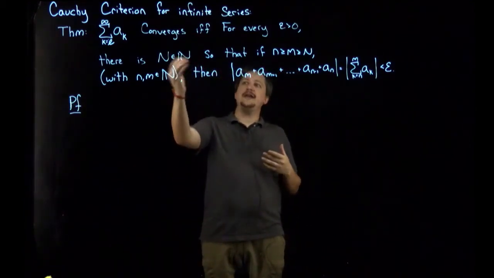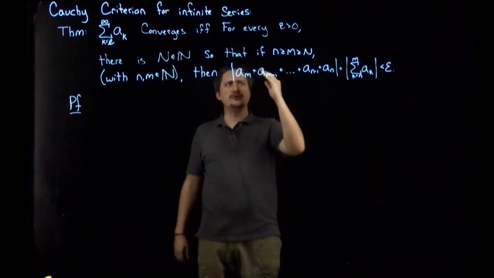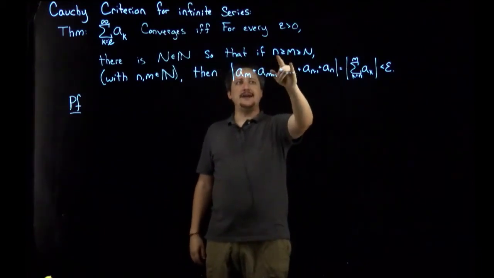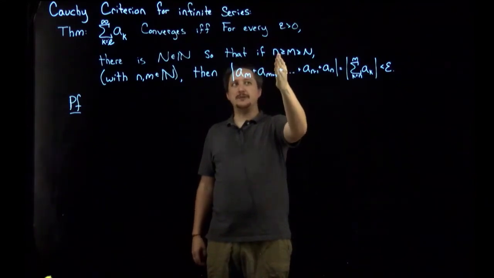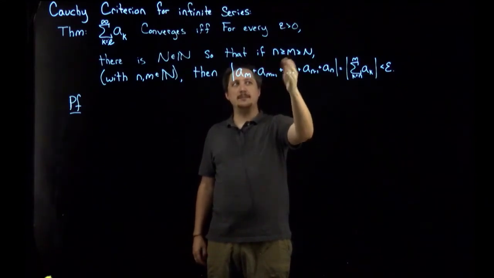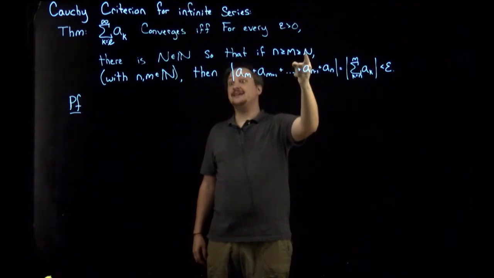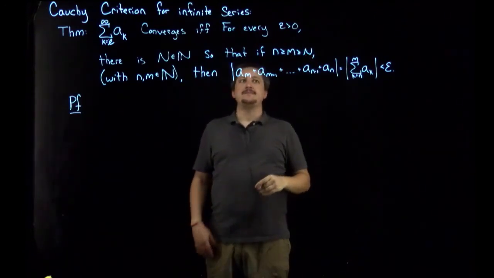There is a natural number N so that if we pick little n and little m, and for the sake of argument we label the bigger one n and the smaller one m, but they're both at least N in size, right?